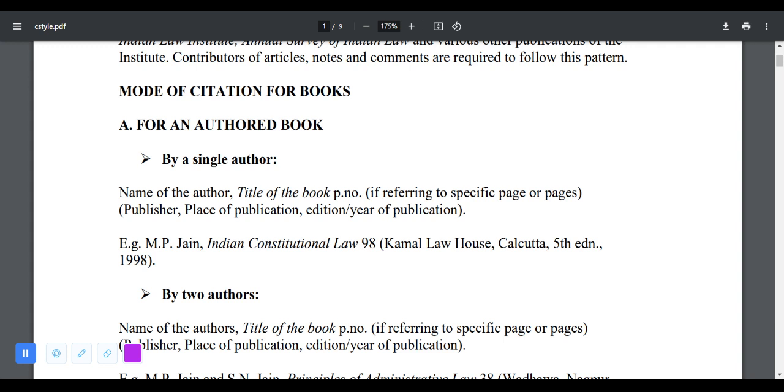The book is written by a single author, MP Jain, so you follow this pattern: provide MP Jain first, then a comma, then the title of the book, then the page number, then under brackets the publication name, comma, publication place, comma, then the edition of the book, comma, then the year of publication. If you are quoting any information from a single authored book, that is the format.